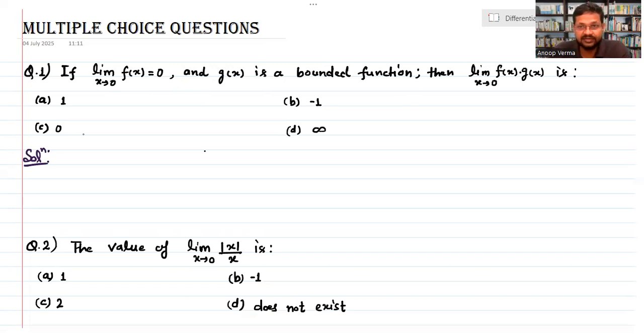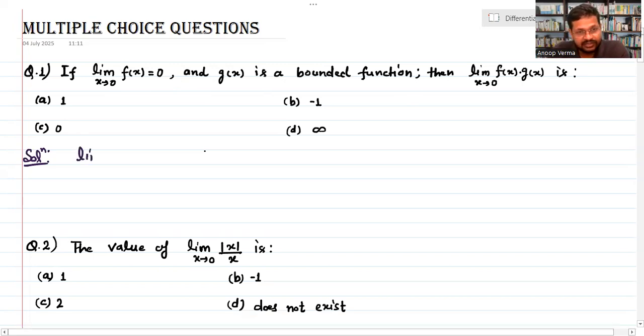We want to calculate the limit x tending to 0 of f(x) g(x). This limit can be written as limit x tending to 0 of f(x) times limit x tending to 0 of g(x).